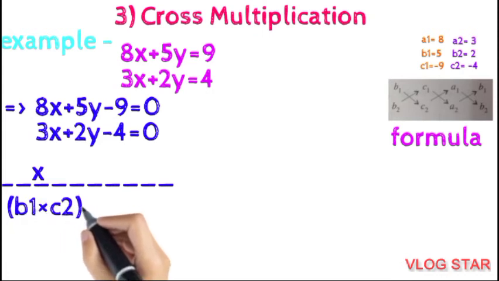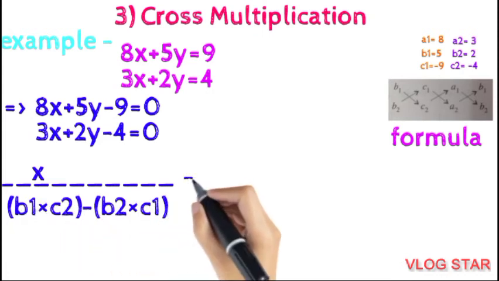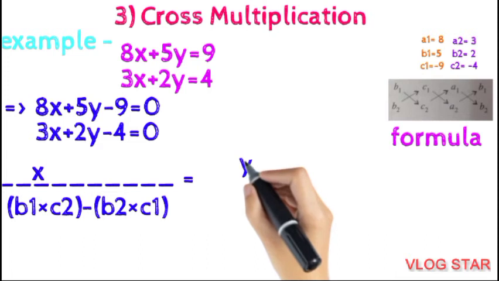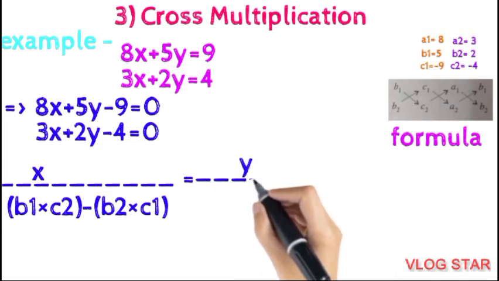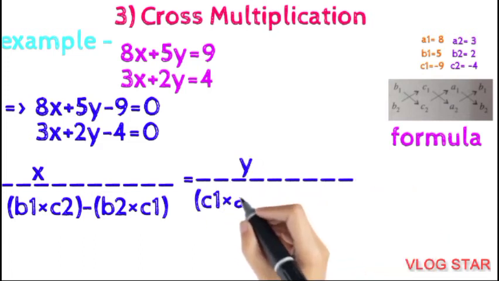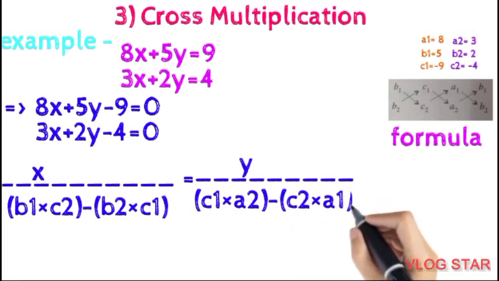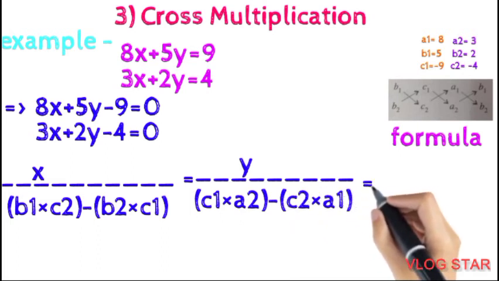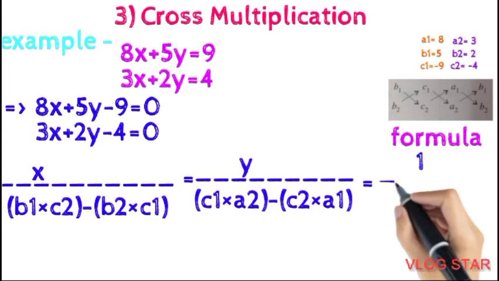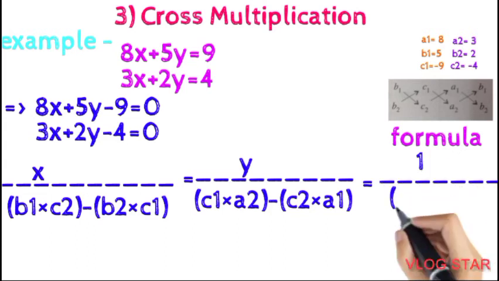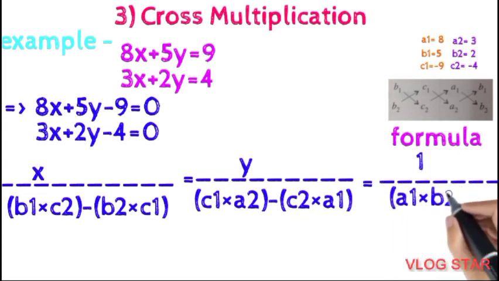x by (B1 into C2 minus B2 into C1) equal to y by (C1 into A2 minus C2 into A1) equal to 1 by (A1 into B2 minus A2 into B1).